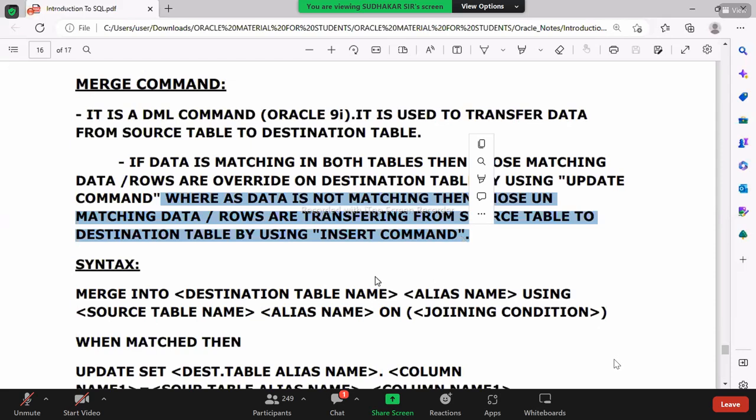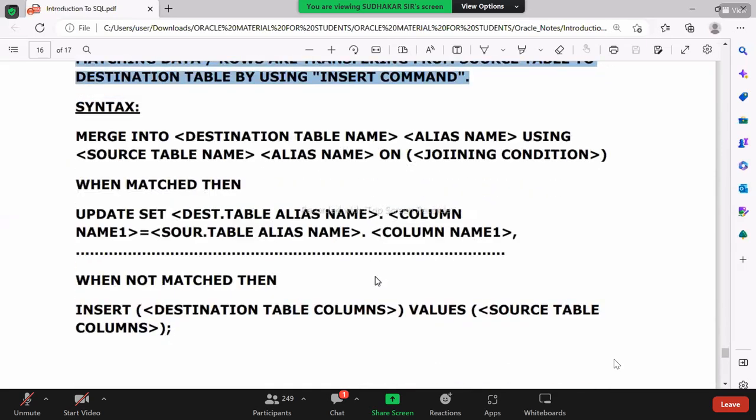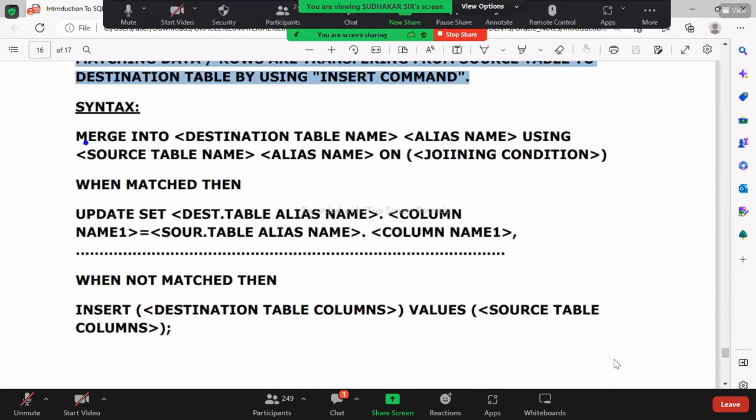Now observe the syntax carefully. What is my syntax? Merge into, where do you want to merge into? Destination table name, with a compulsory alias name for the destination table, using the source table. From where are you taking? Source, and source alias name, on which condition? Joining condition.